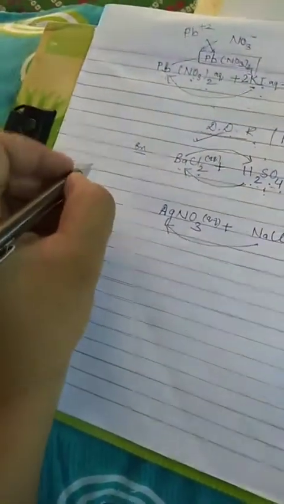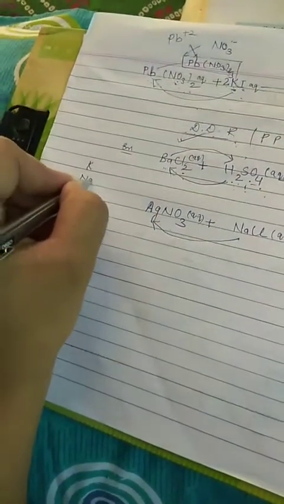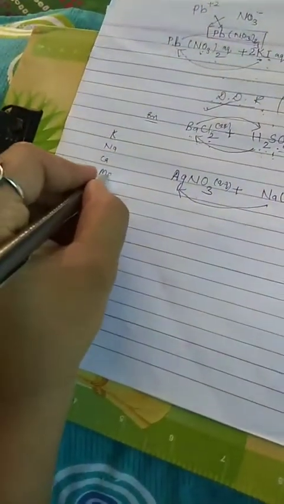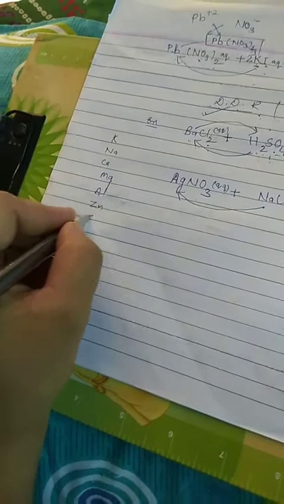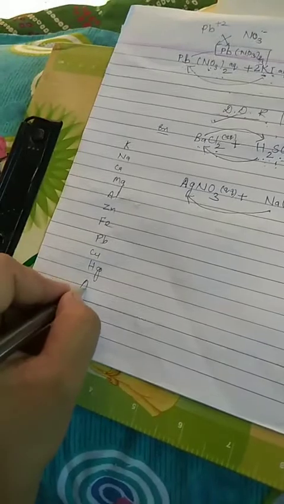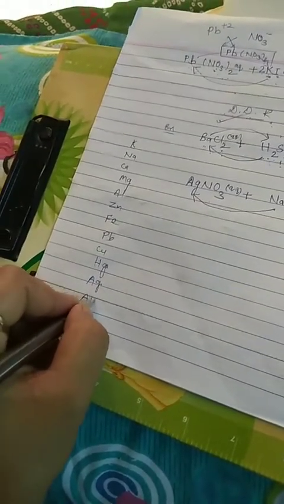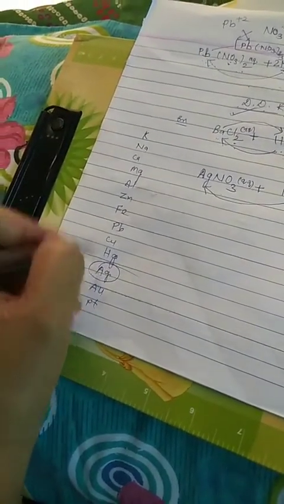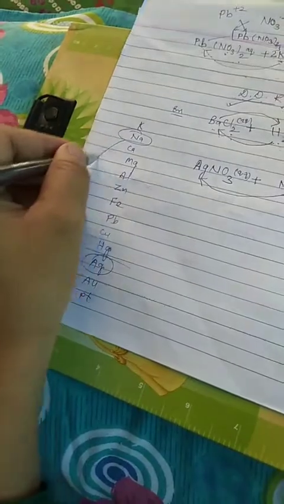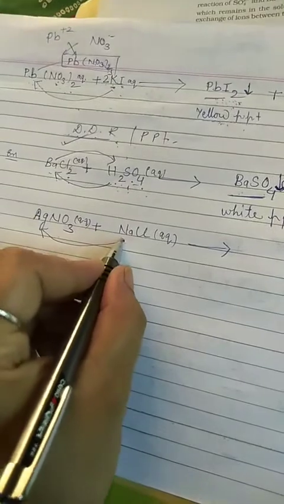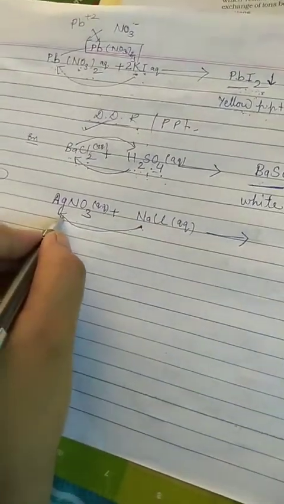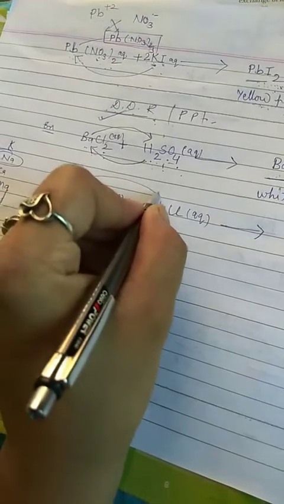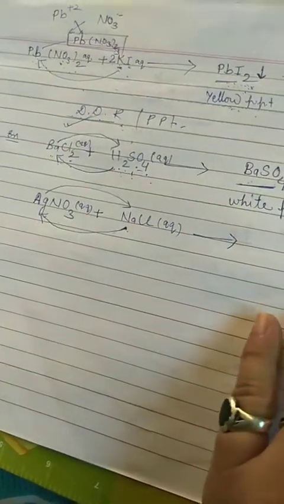The reactivity series is potassium, sodium, calcium, magnesium, aluminium, zinc, iron, lead, copper, mercury, silver, gold, platinum. Silver comes later than sodium, which means sodium is more reactive.